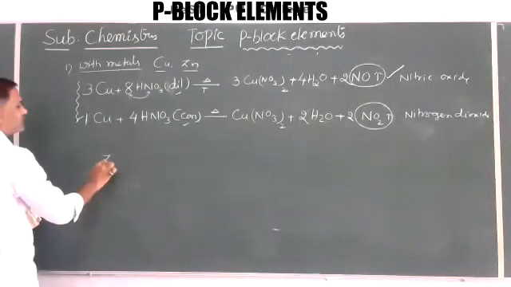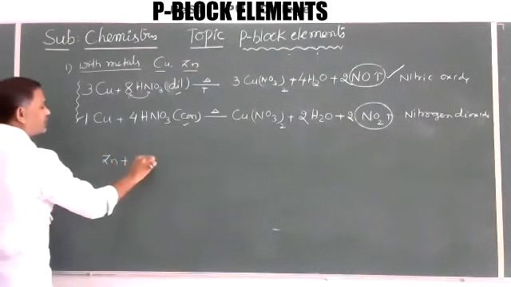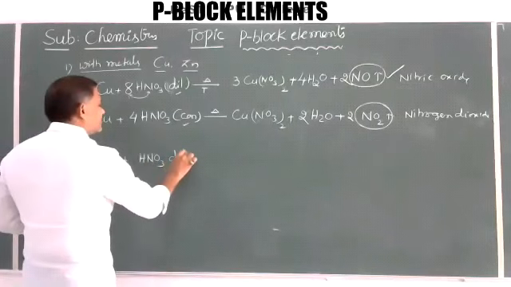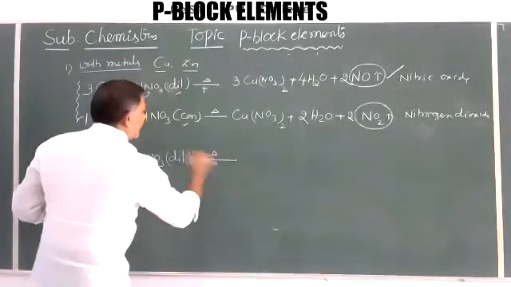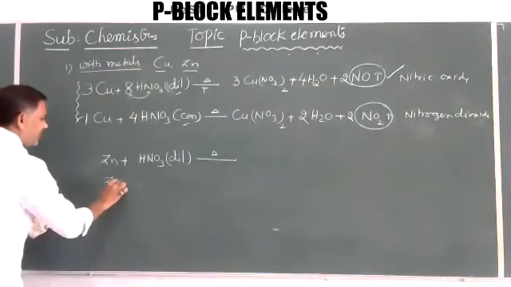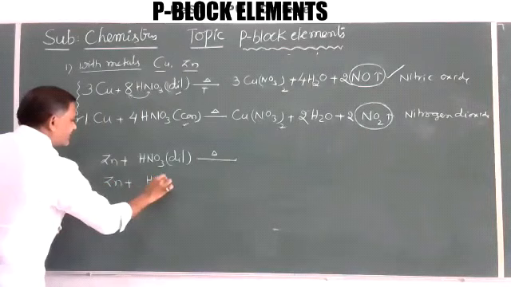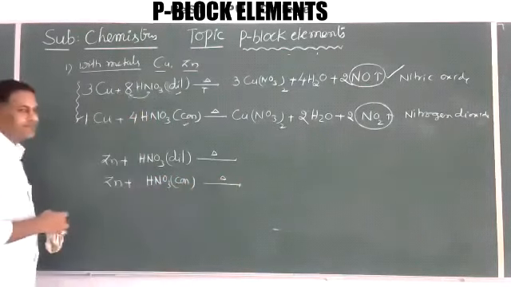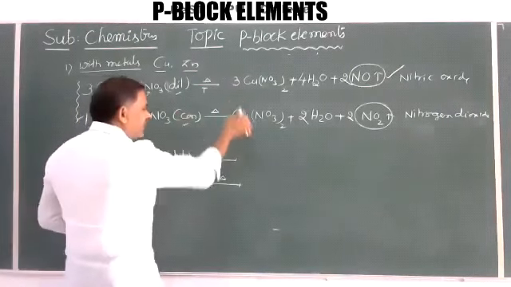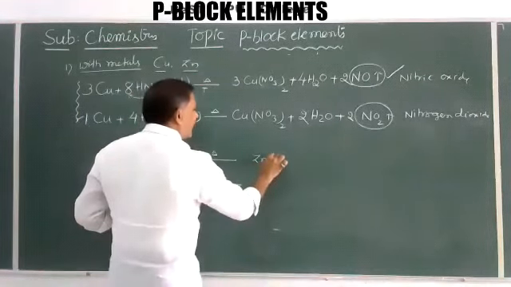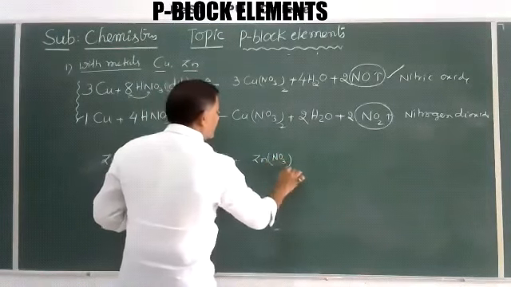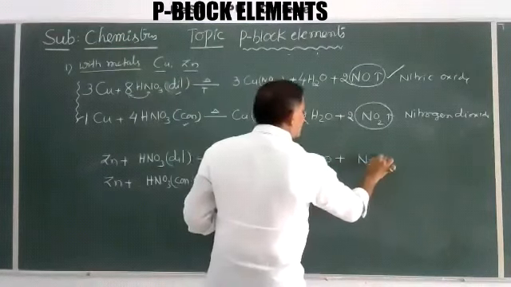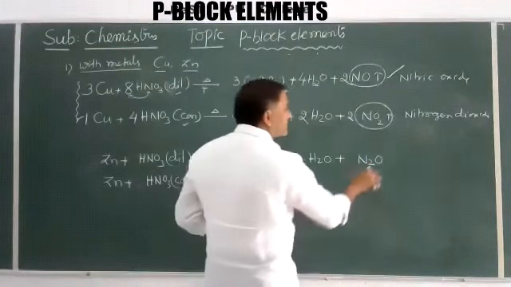If you take zinc plus HNO3 in dilute conditions, then we get one gas. And the same with zinc and concentrated HNO3 on heating. Just like this, we get zinc nitrate, Zn(NO3)2, plus water plus N2O, dinitrogen oxide.